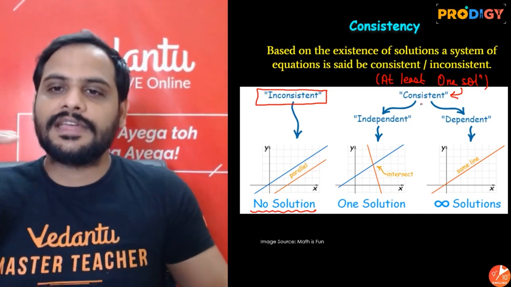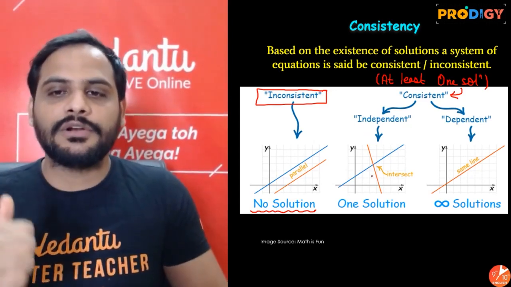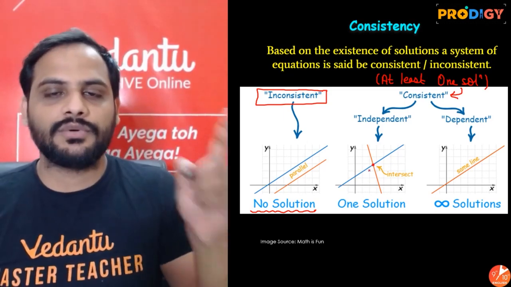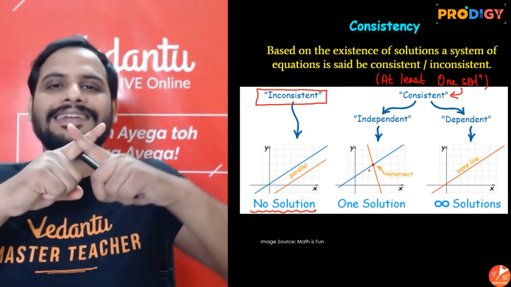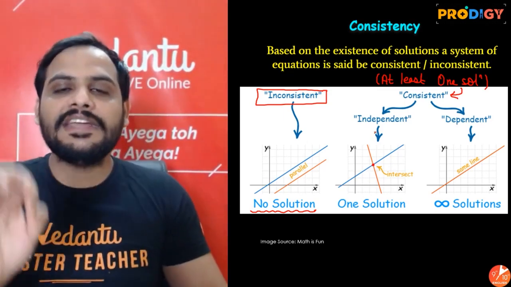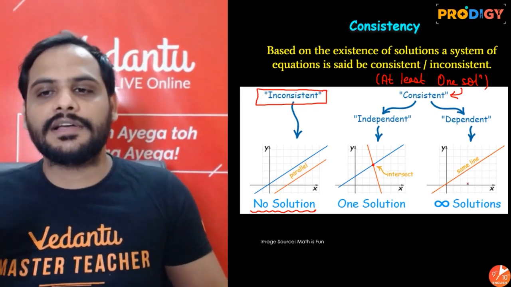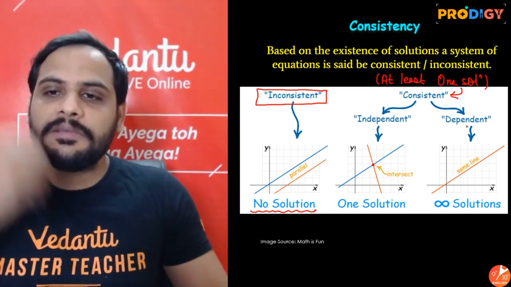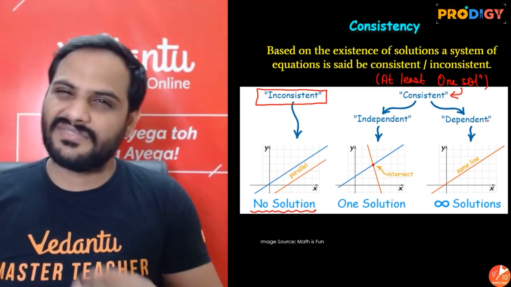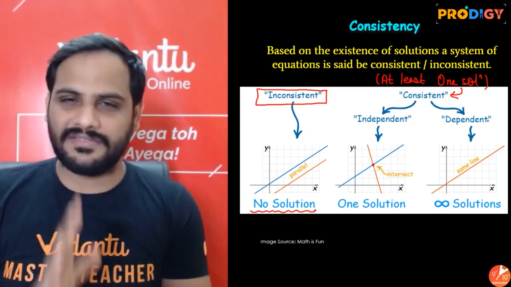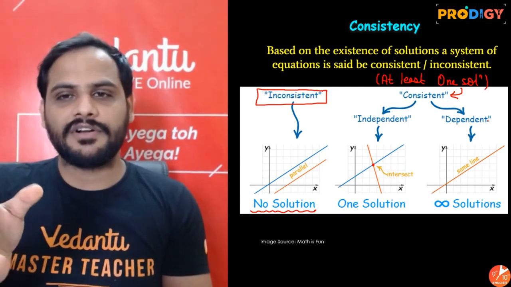The pair of equations with only one solution, the intersecting lines, are called an independent consistent pair of linear equations. And coincident lines are called a dependent consistent system. It is simple, a bit theoretical, please remember. Inconsistent, consistent you understood.